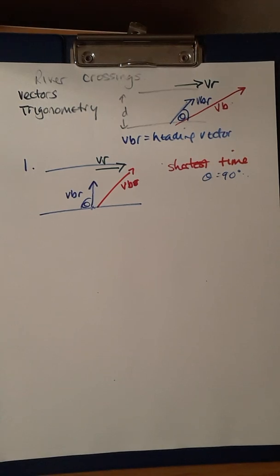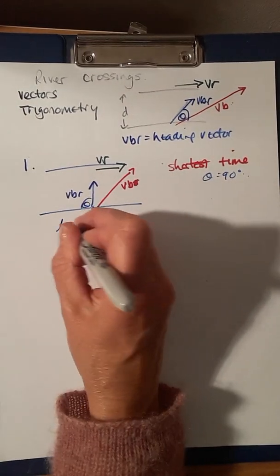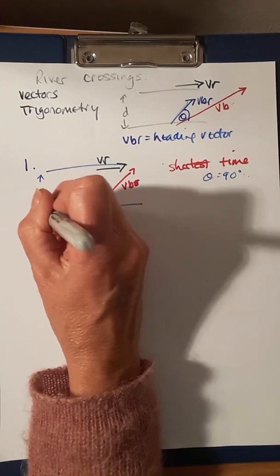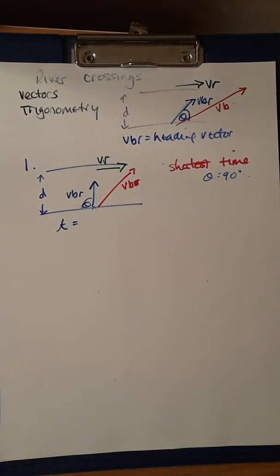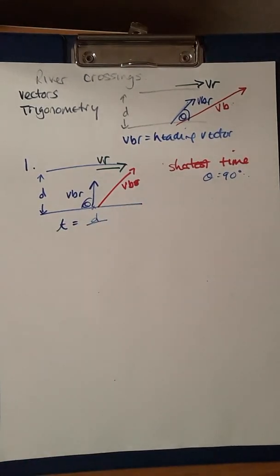Okay, so two things that we can work out using this kind of idea. We can find out how long it takes to cross the river. If I said that river was d meters wide, how long does it take to cross the river? That's going to be distance over speed.